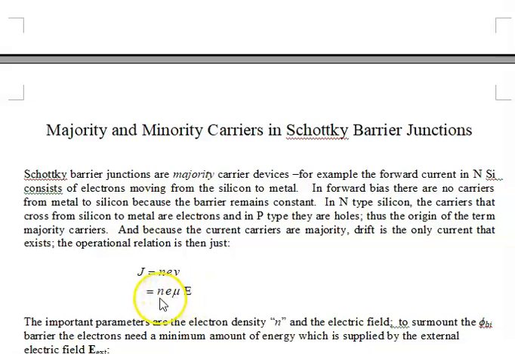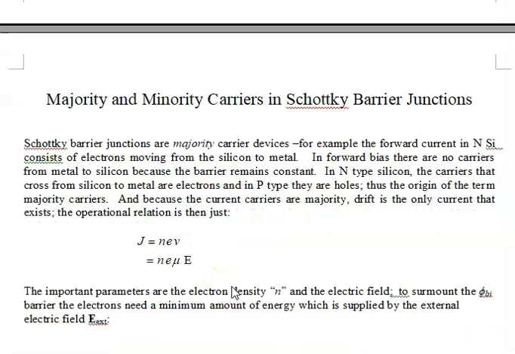We use all the machinery that we developed for equilibrium devices, Boltzmann statistics, the law of mass action, and all of those equations will give us this, a very important determinant of the current density, J. E, the electric field, is the external electric field, and that we're going to basically massage into the amount of energy we have to overcome the barrier.